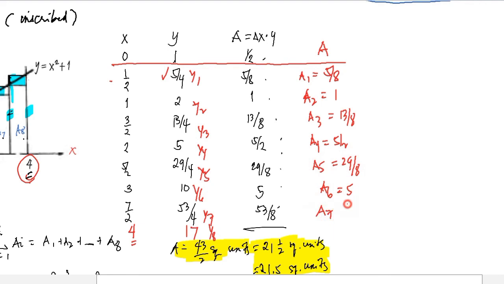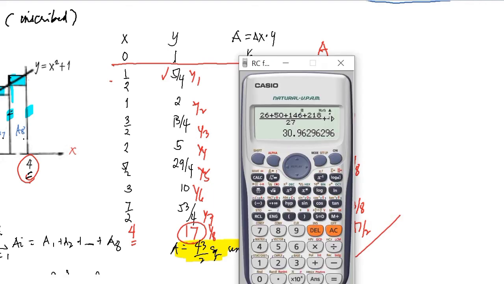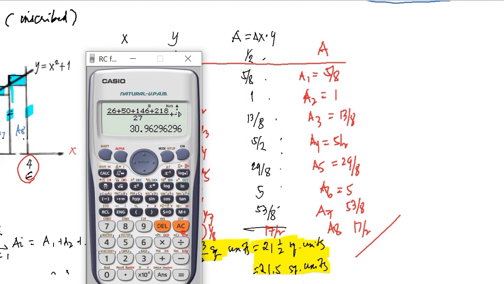Area 7 natin is 53 over 8. And yung area 8 natin is the 17 multiplied by the delta of 1/2. So this is 17 over 2. So we have here 17 over 2. Okay?